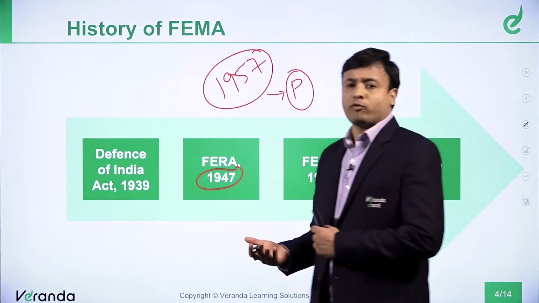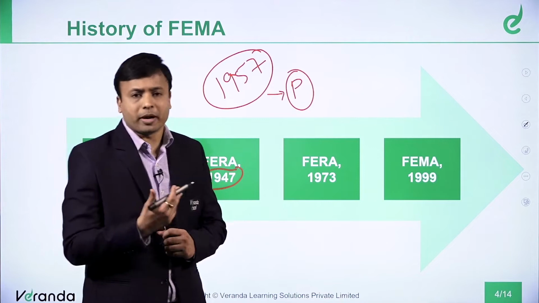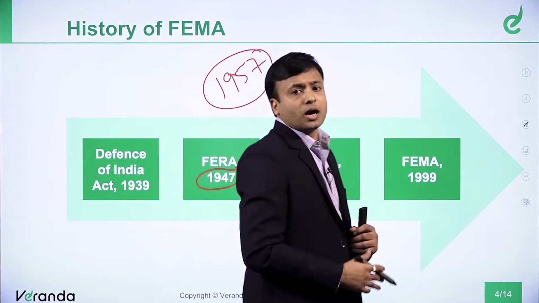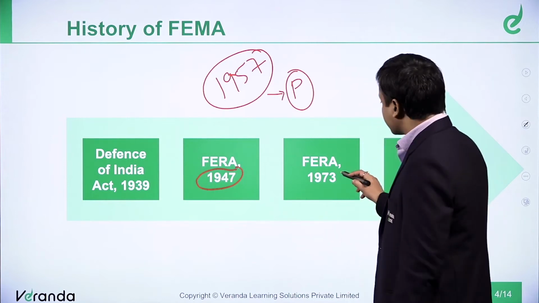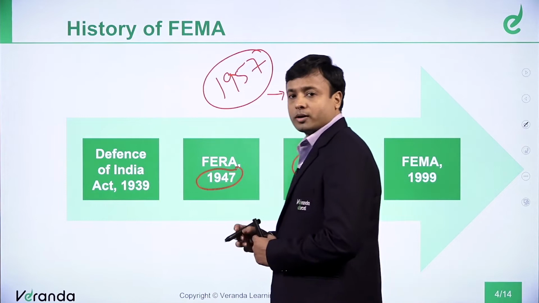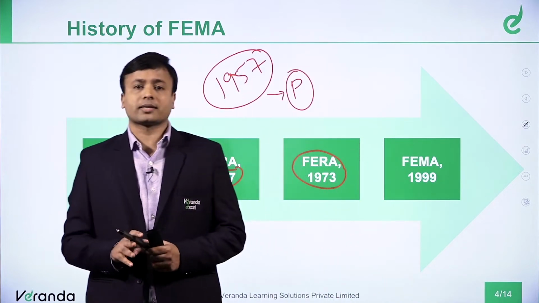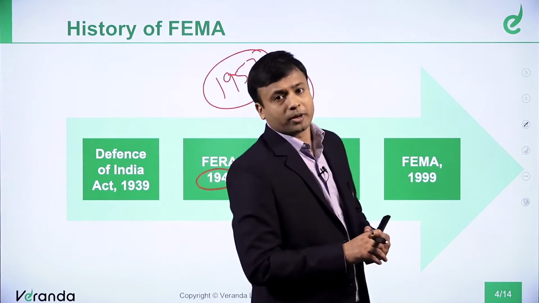Then going forward, the government realized that there needs to be made some amendments to the act, and hence a much extensive act was enacted in the year 1973, which was the same Fera Act. However, when this act was enacted in 1973, there were many repercussions in the Indian economy.